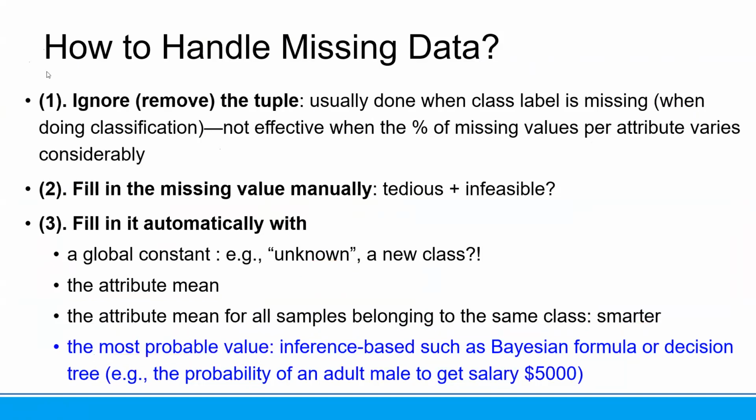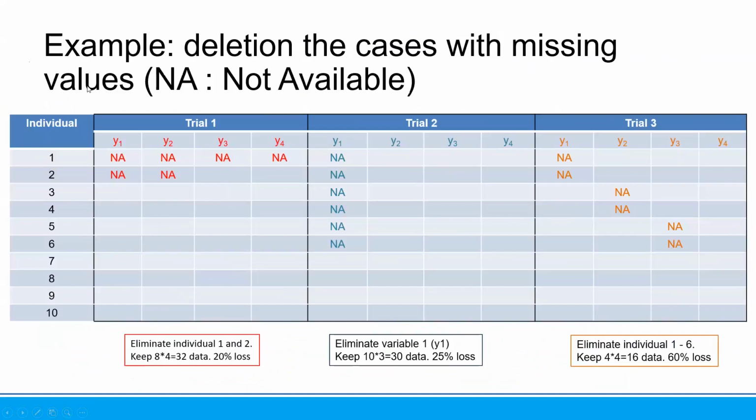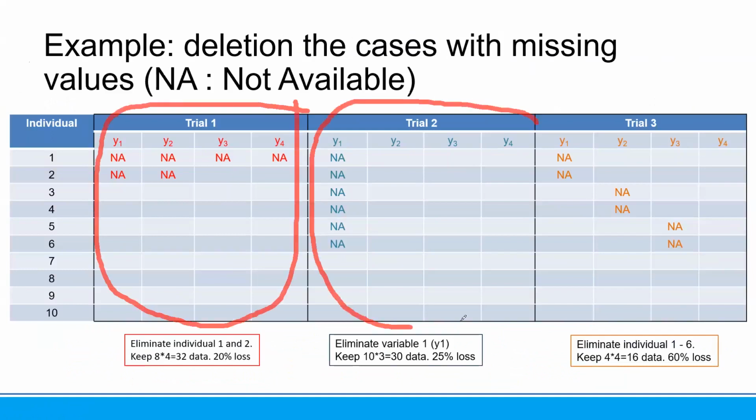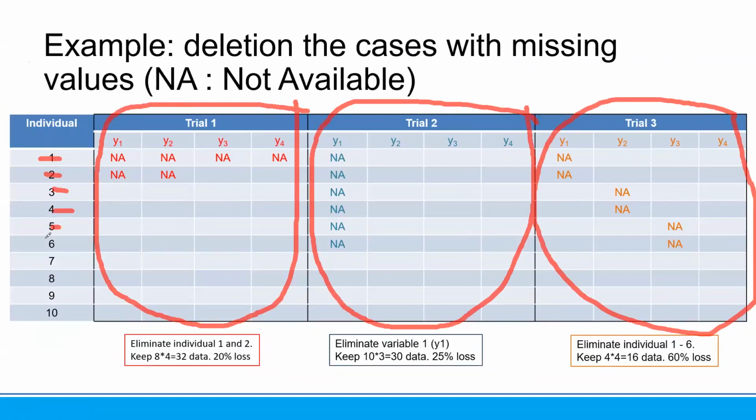So let's see some examples. I have three data sets. This is the first, this is the second, this is the third. In trial one, I have 10 rows and I have 4 columns.